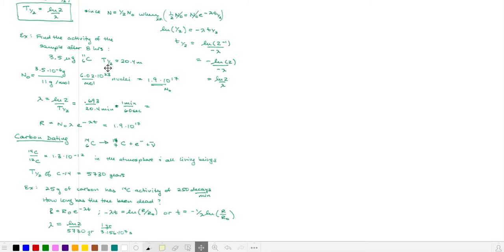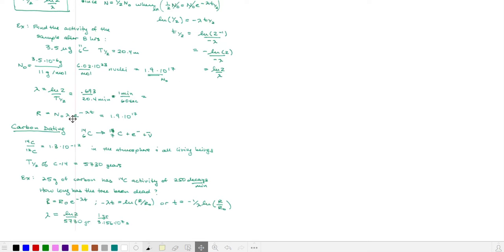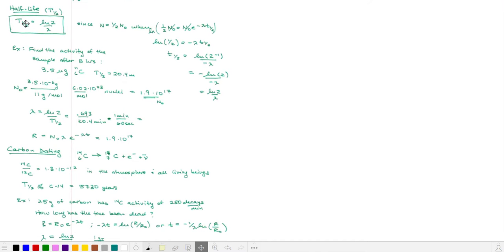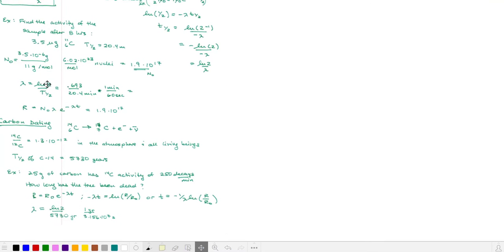And the half-life is 20.4 minutes, but in order to do this calculation, R equals N naught lambda, I need lambda. So I have to use this formula to convert my half-life into lambda. If I multiply both sides by lambda and divide by t1/2, I get lambda equals log 2 divided by t1/2. Now the log of 2 is approximately 0.693.